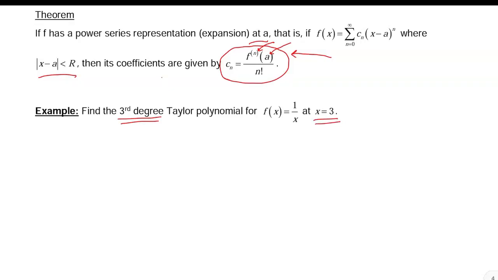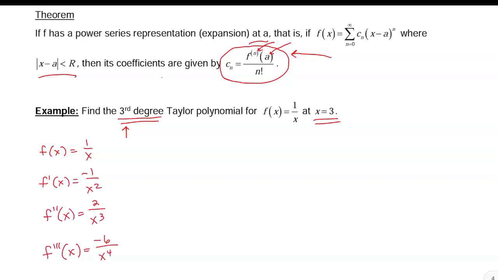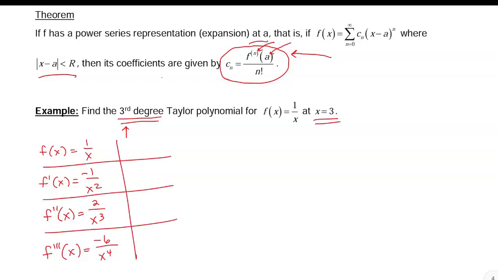And I love that they gave us third degree. That tells me how many derivatives to take. So here is our function 1 over x. Take 3 derivatives. And then we need to evaluate them. This time we're not evaluating at x equals 0 though, we're evaluating them at x equals 3 because that's where the polynomial is centered.